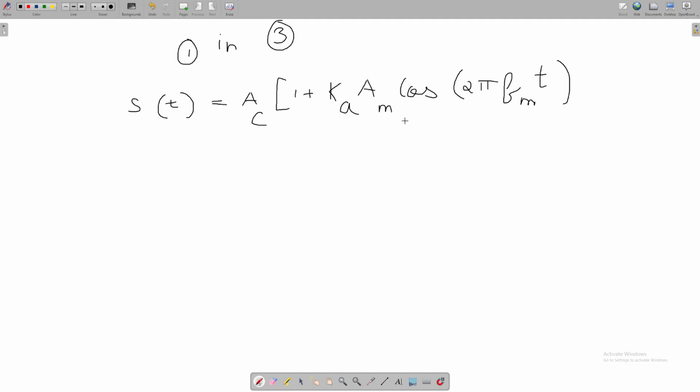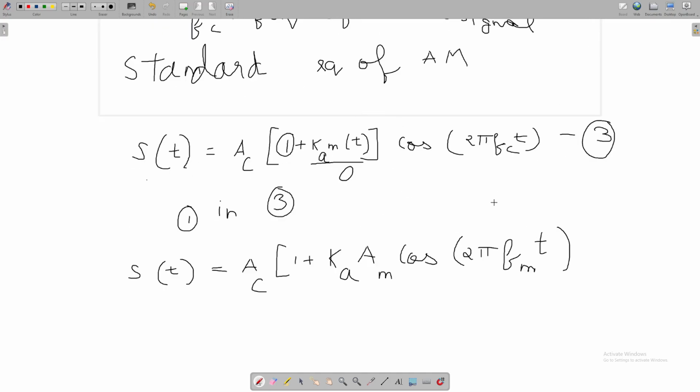Close the bracket; this is the value of m of t. Close the square bracket and write cos 2 pi fc t as it is.